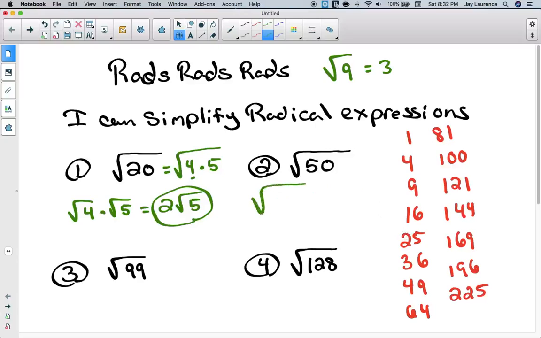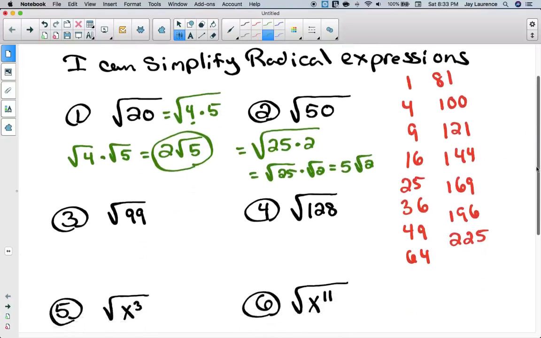So I'm going to rewrite 50 as 25 times 2. I always like to write my perfect square factor first, and this allows me to break it down like this, rad 25 times rad 2, and rad 25 is 5, so I have 5 rad 2.